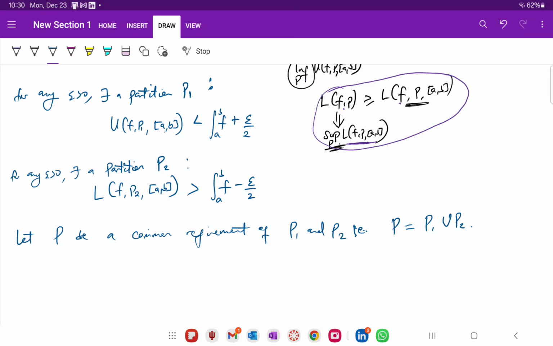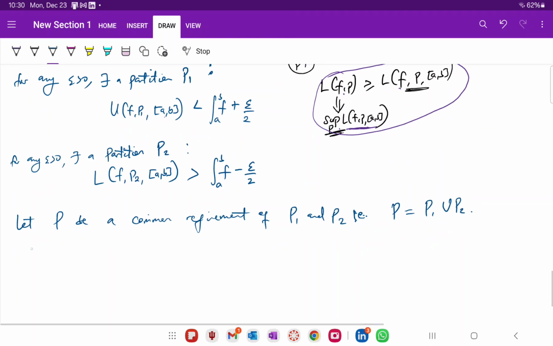So by the properties, let me check that, by theorem 1.6, by theorem 1.5 of the textbook we are using, a refinement of a partition makes the lower Riemann sum greater and the upper Riemann sum lower.